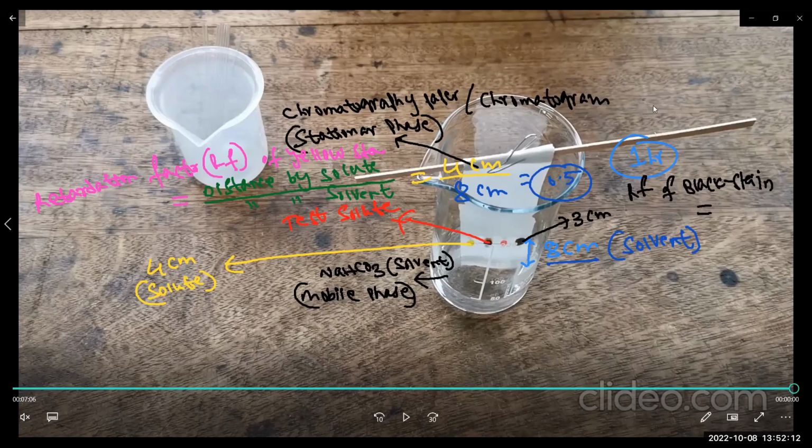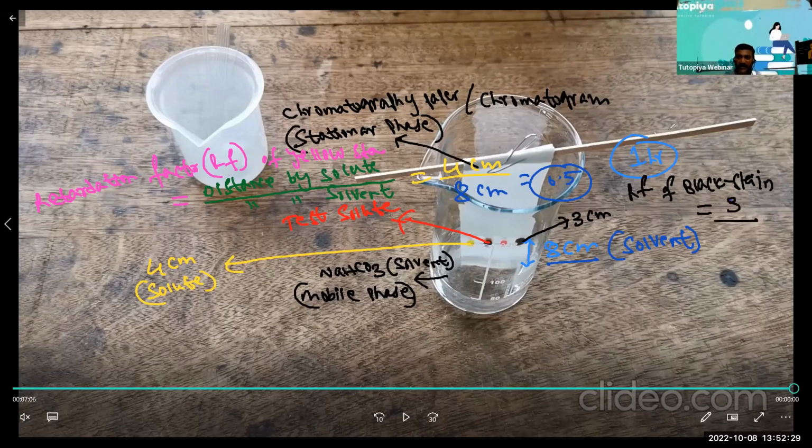By dividing 3 by 8. Tell me the fraction, what by what? 3 divided by 8. Very good. Correct. And you can do the maths because I don't have a calculator. 3 divided by 8, whatever it is, that is your retardation factor.